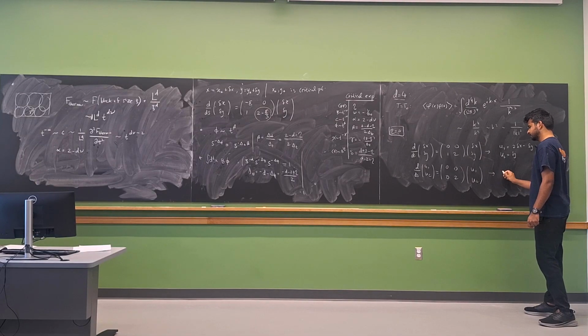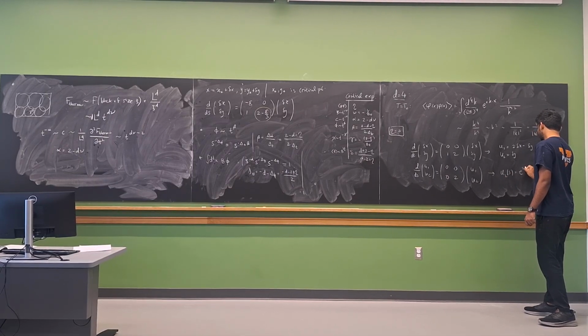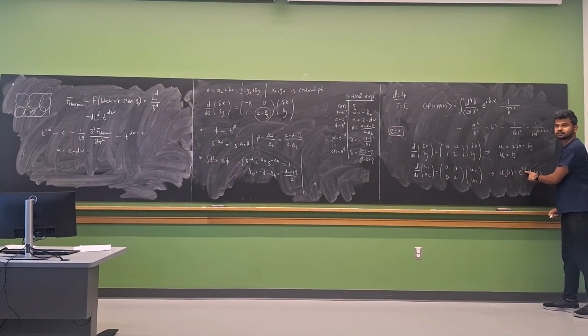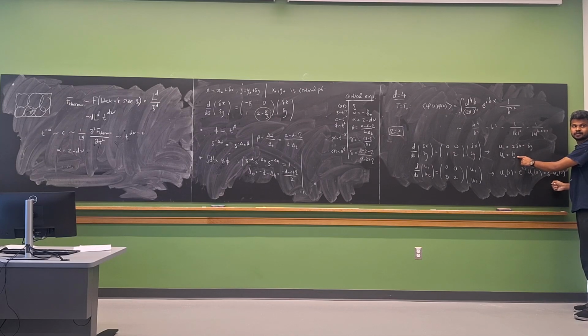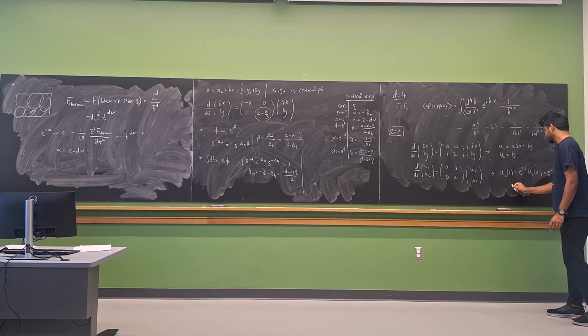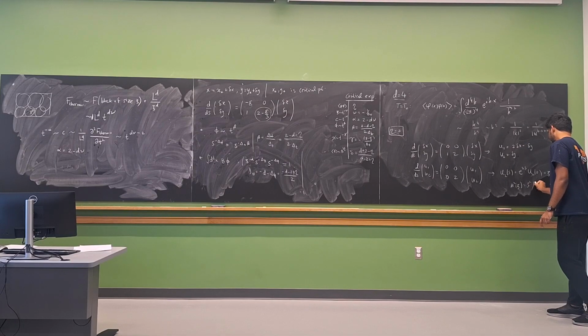In particular, u2 of s is e to the 2s times u2 of 0. Eigenvalue to power e to the s, but e to the s was zeta, so we have zeta squared u2 of 0, right? And u2 is y, and y is mu squared. So ultimately, this tells us that mu squared of zeta is zeta squared mu_0 squared.